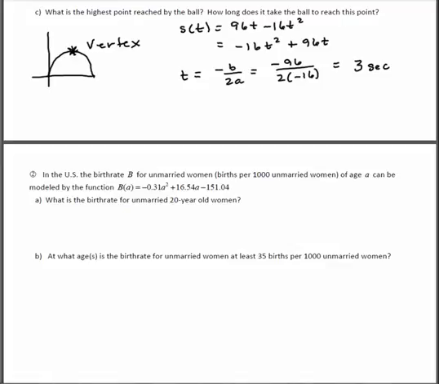To find that highest point, I would plug the 3 back into the function. s of 3 is 96 times 3 minus 16 times 3 squared. And that comes out to 144. So this ball reaches its highest point of 144 feet in the air after 3 seconds.